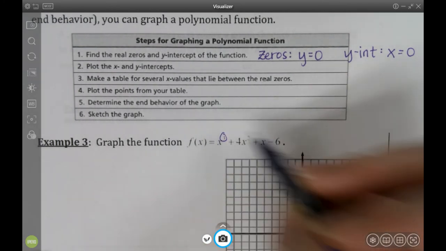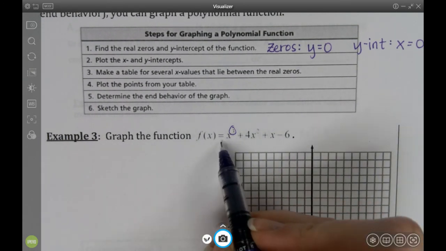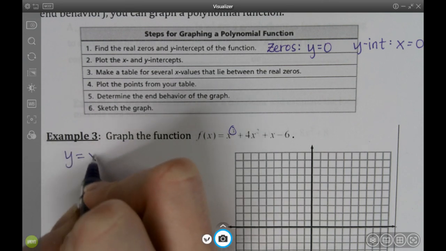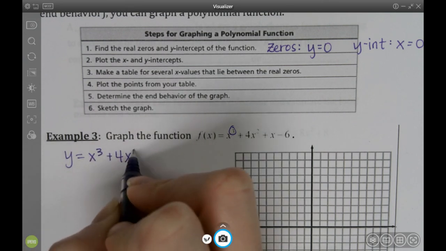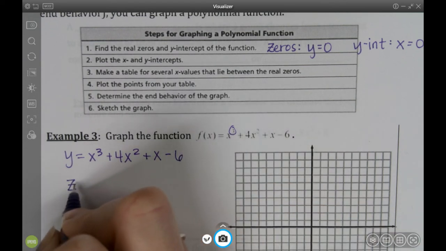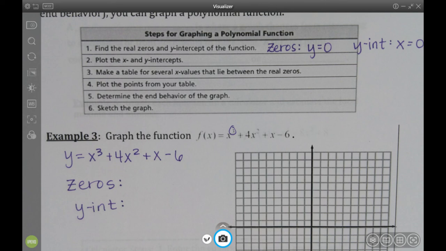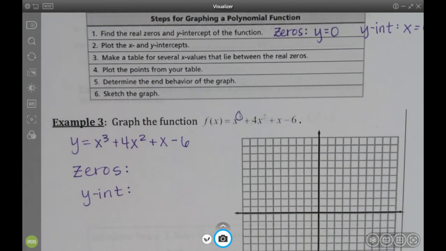So if it's an x cubed, am I going to have 3 zeros? Yes. Okay, so go to y equals and type this in. And then use your table. There should be 3 different x values that have a y value of 0.